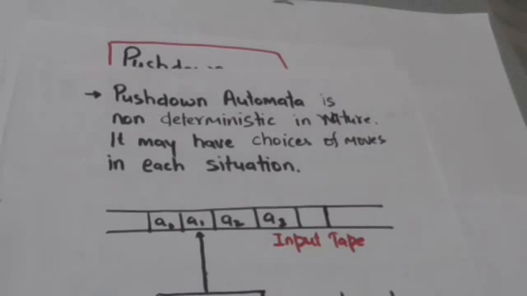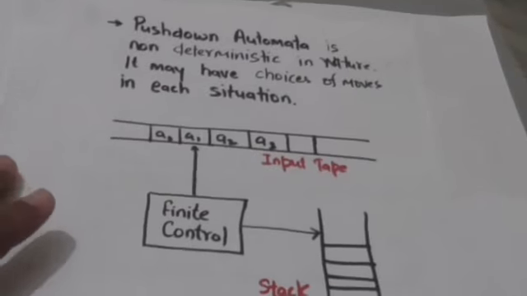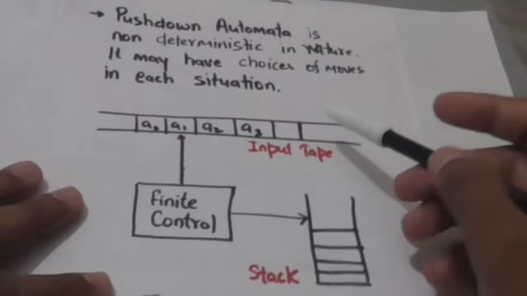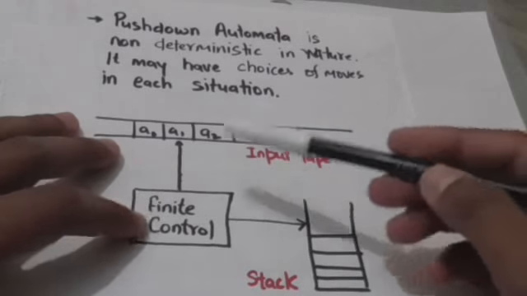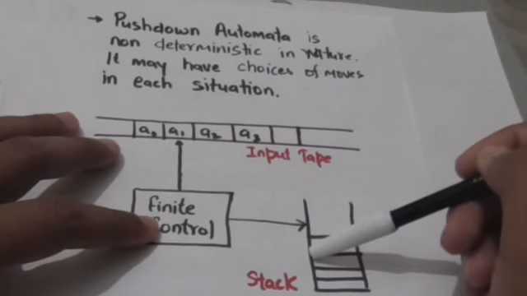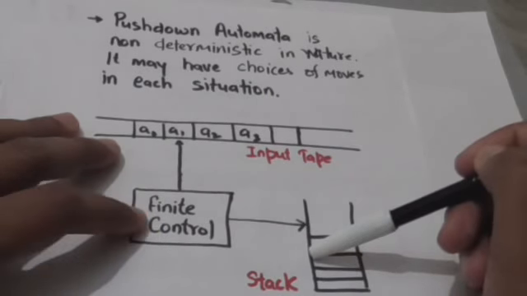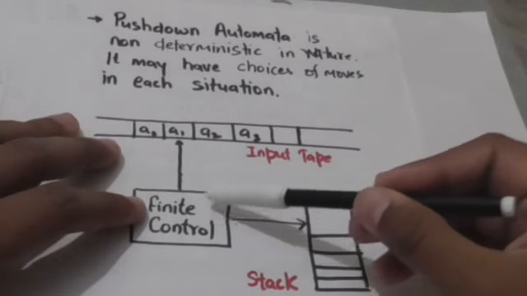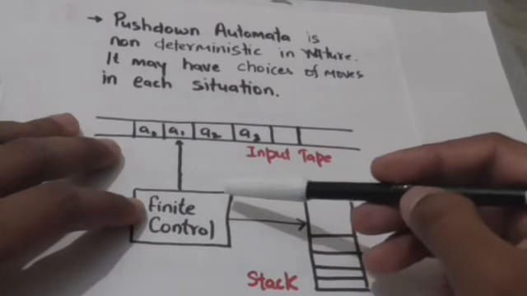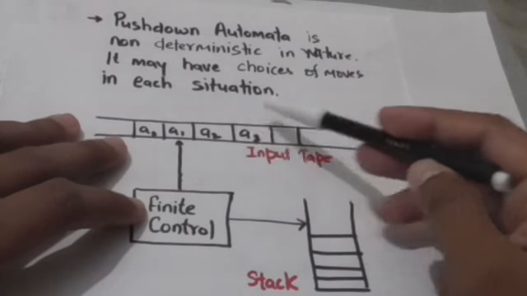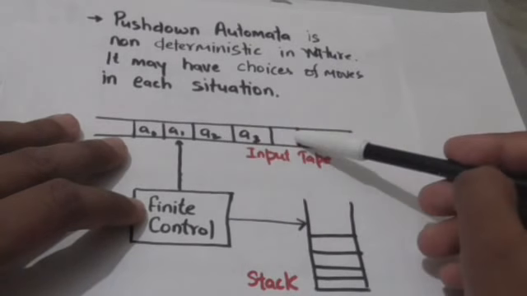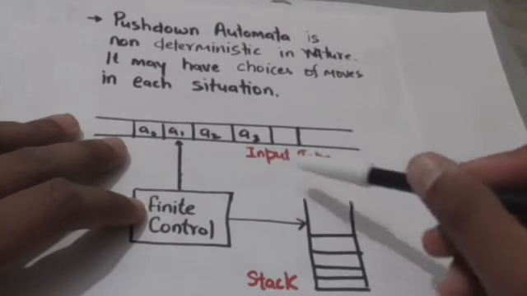It is like NFA. It may have choices of moves in each situation. It consists of an input tape, a finite control, and a stack. A string of input symbols which this pushdown automata is going to read is written on the input tape, right?